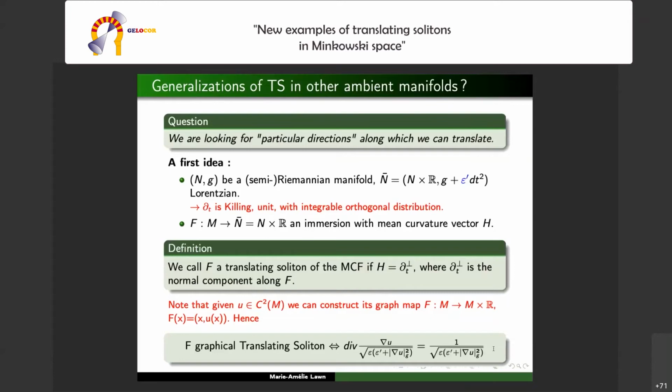If we look at a semi-Riemannian manifold, we have some epsilon appearing. So epsilon prime, as I said before, is just a sign of the axis in the product. And the epsilon gives us the causality of the soliton we're going to look at. The epsilon is just the norm of the normal vector, which is going to give us what type of solitons we're looking at.